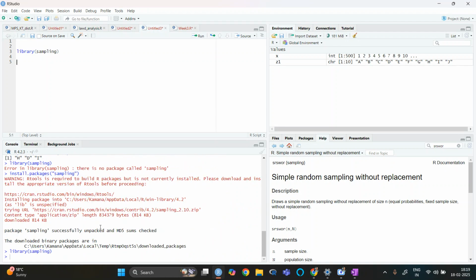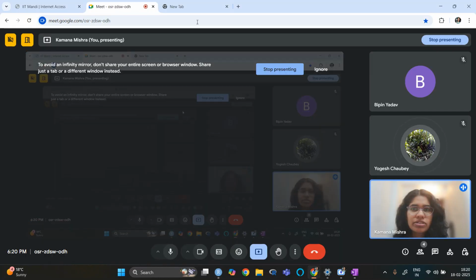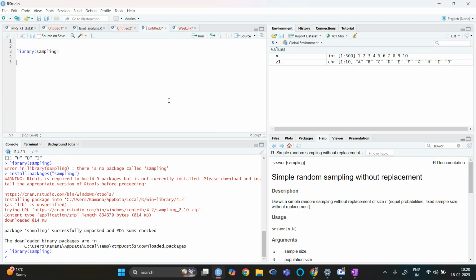Yes, ma'am. The code is available, but if you want to do that, you can just install R Studio.